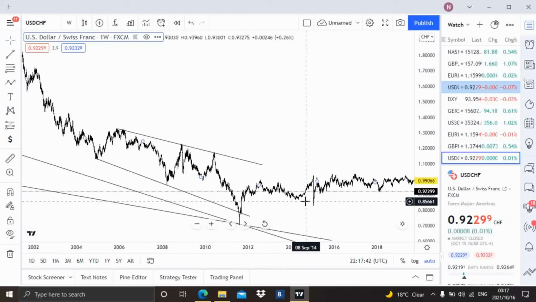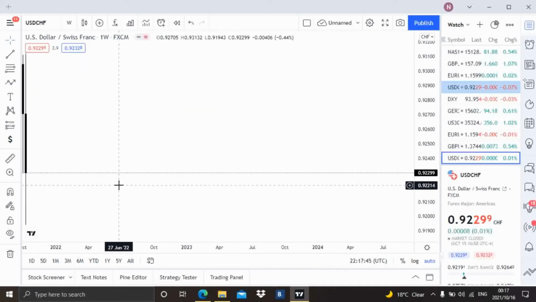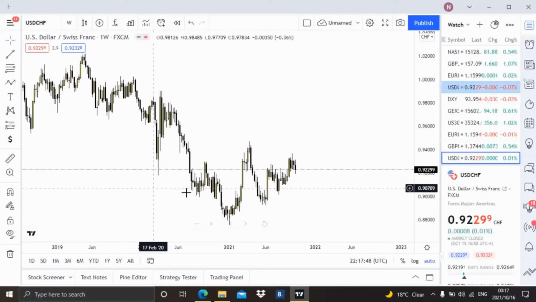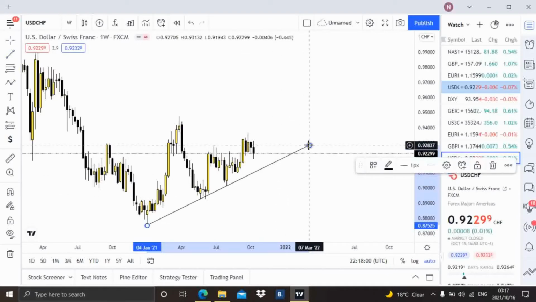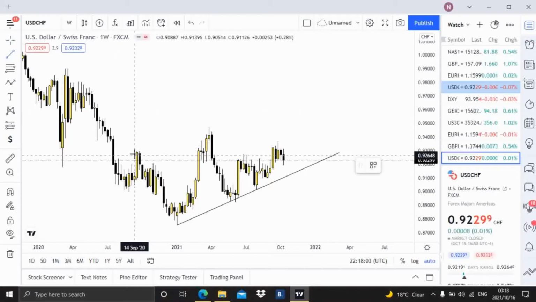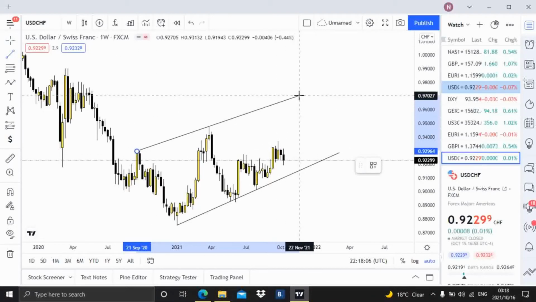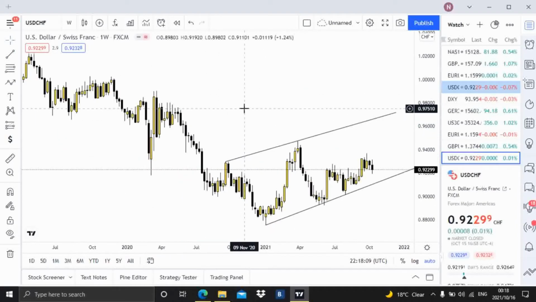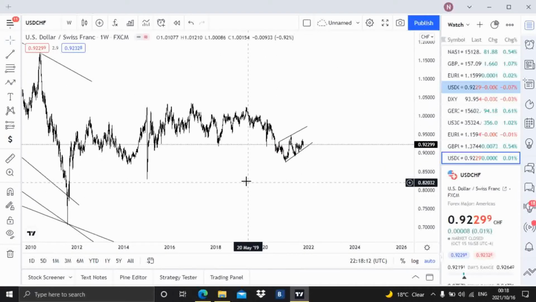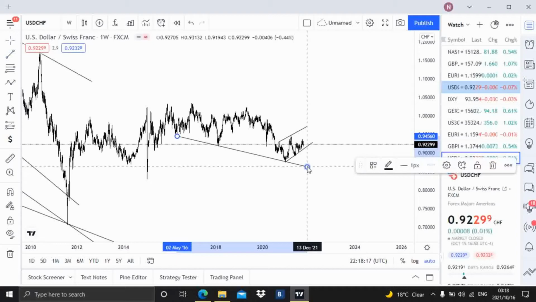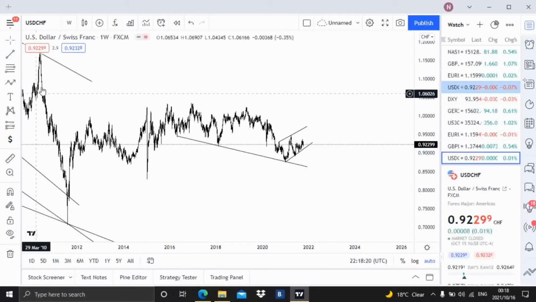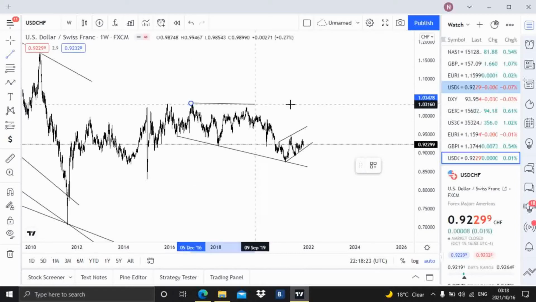So let's go to the lower time frame. Let me just zoom in. So here we have the current market. The current market is currently in an uptrend in the lower time frame, and here we have another trend line here, and another one here, and another one here.